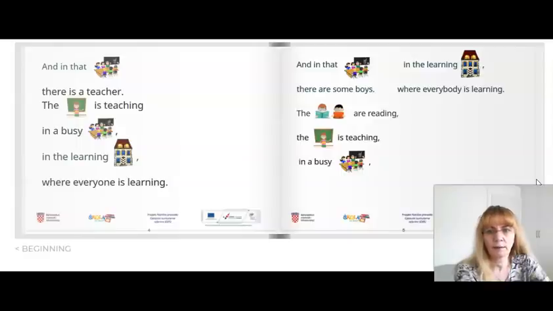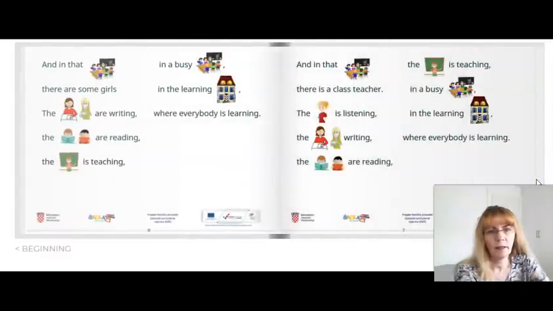And in that class, there are some boys. The boys are reading, the teacher is teaching in a busy class in the learning school where everyone is learning. And in that class, there are some girls. The girls are writing, the boys are reading, the teacher is teaching in a busy class in the learning school where everybody is learning.